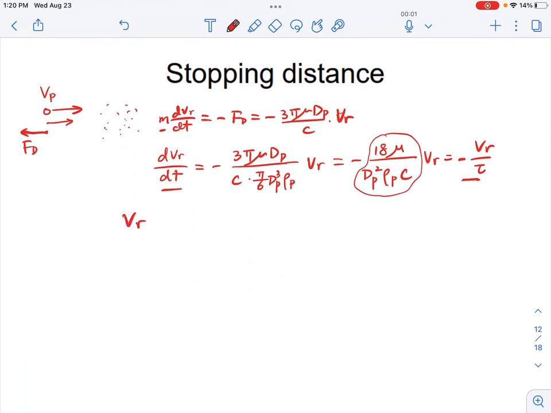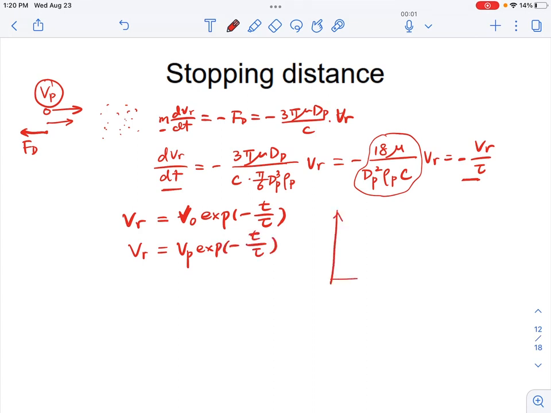Now this is an even simpler differential equation compared to the previous one. You directly find that Vr equals V0 exponential of minus t over tau. And we know that at time equals 0, it's just Vp, the particle's initial velocity. So you have Vp exponential of minus t over tau. If you plot the particle velocity, it decreases exponentially.